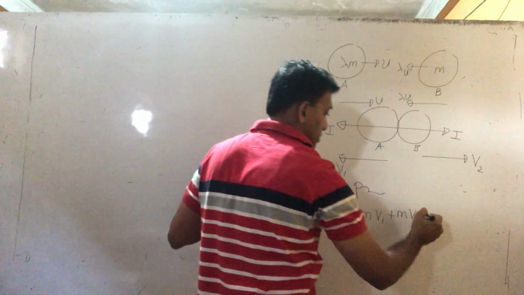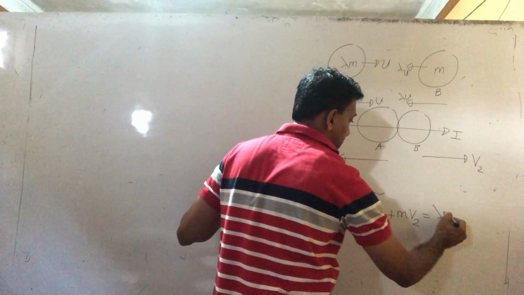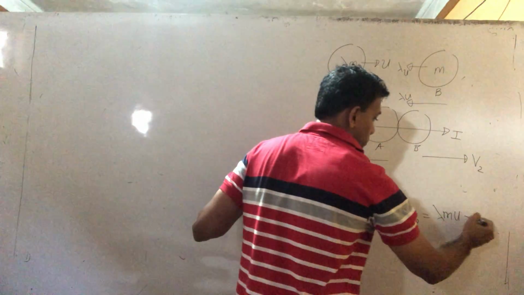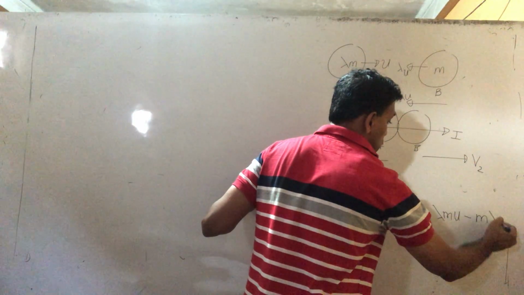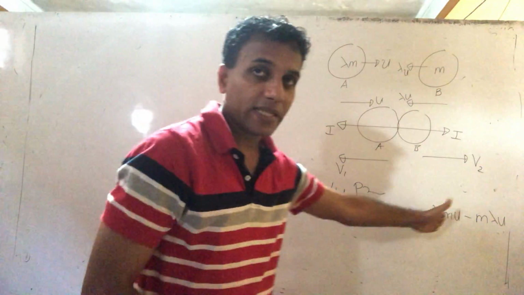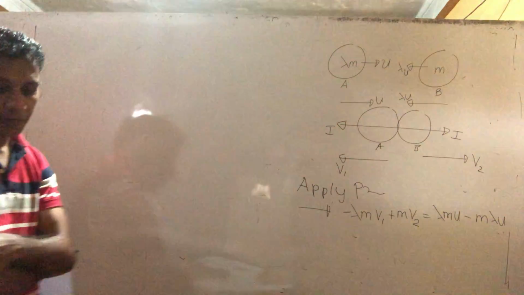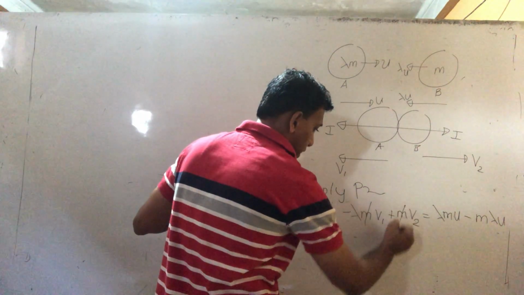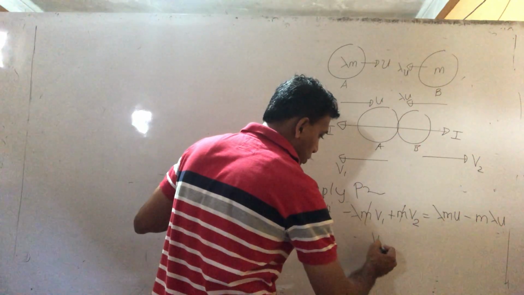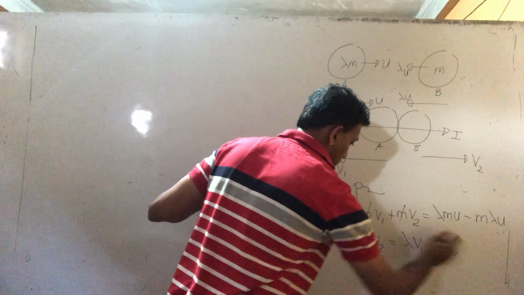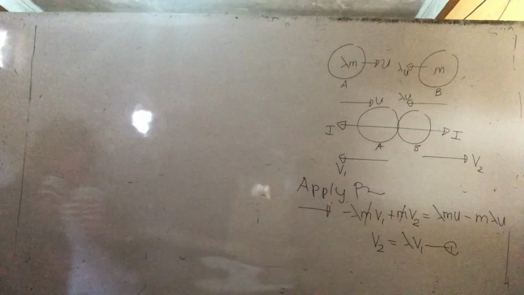The same here: lambda m into u, and the other is opposite, therefore minus mass m into lambda u. Lambda m u minus lambda m u becomes 0. You can cancel m also, and the answer becomes V2 equals lambda V1. V2 equals lambda V1 is your first equation.